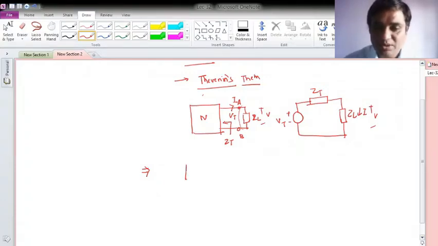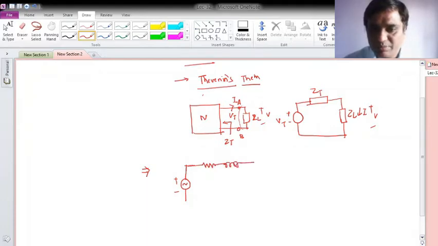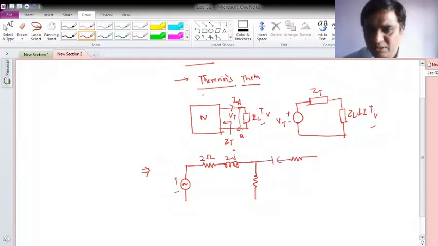Suppose I have a network like this, which consists of a sinusoidal source, and with it a resistor with impedance like this. Let's say the values are 2j and 2 ohm, and then one more resistor here, and then a capacitor, and one more resistor connected here, and one more current source.